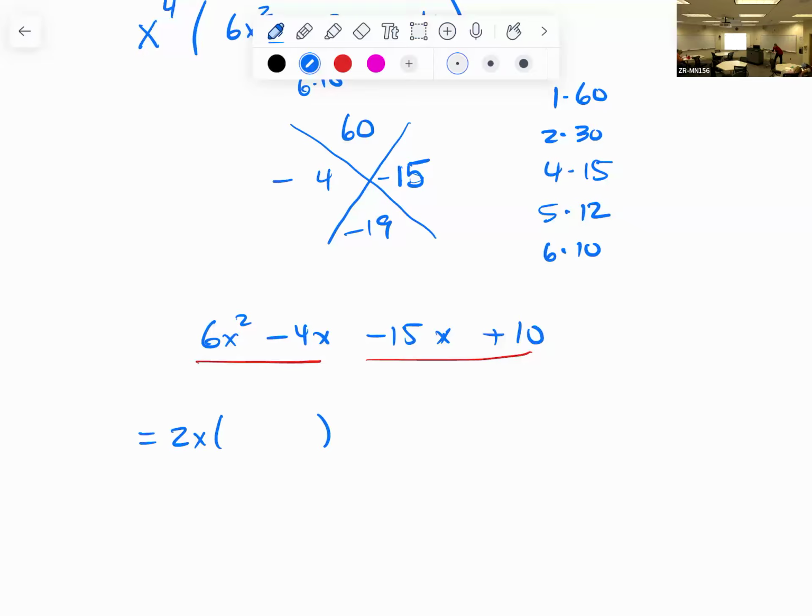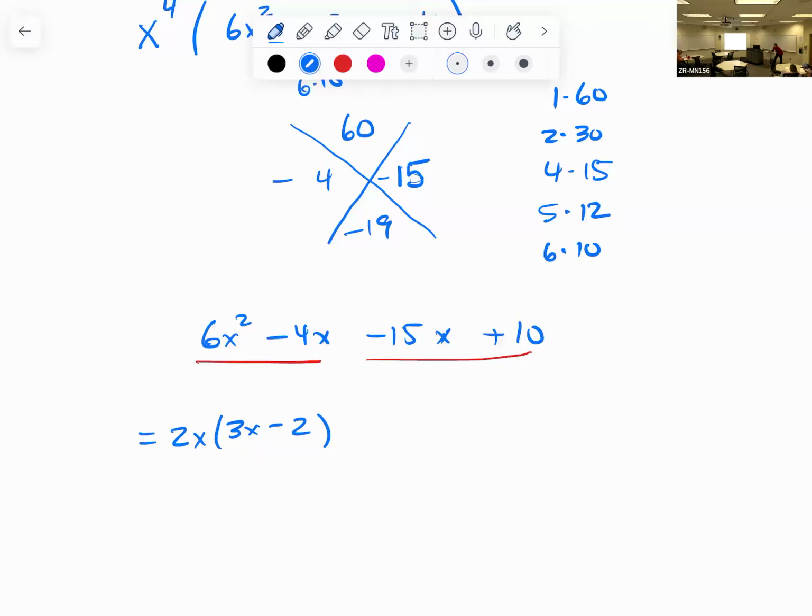An x remains, but before the x, 3x. Anything else? And 2. Anything else? And a negative.